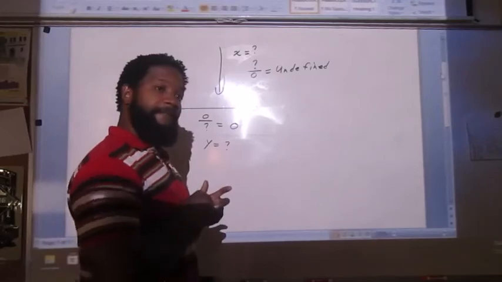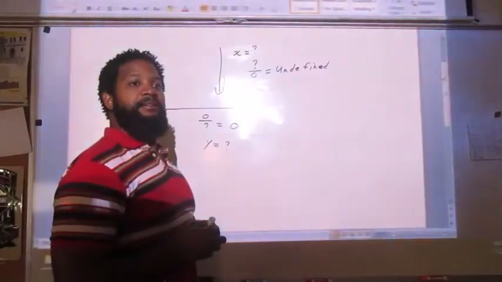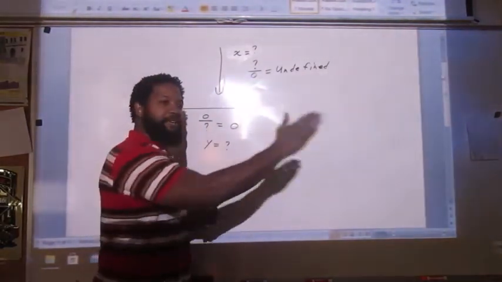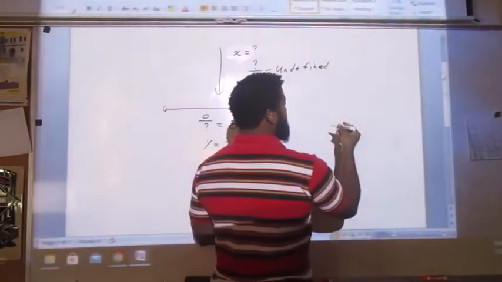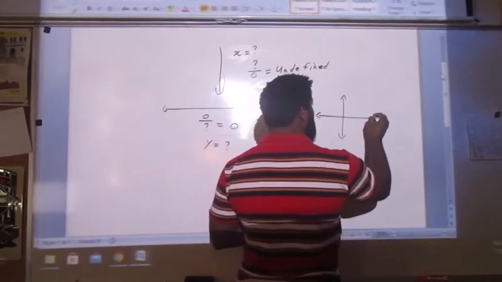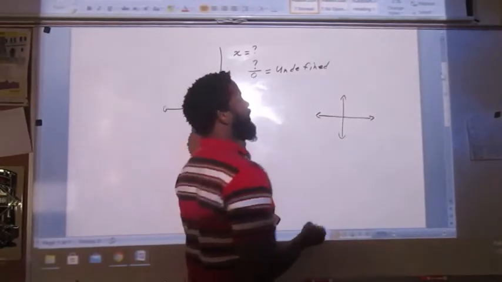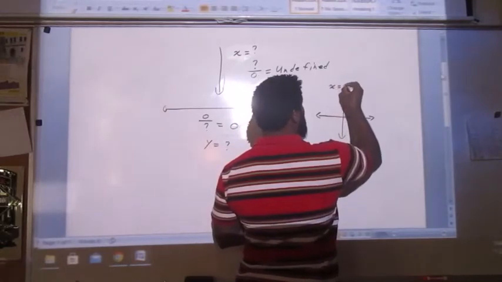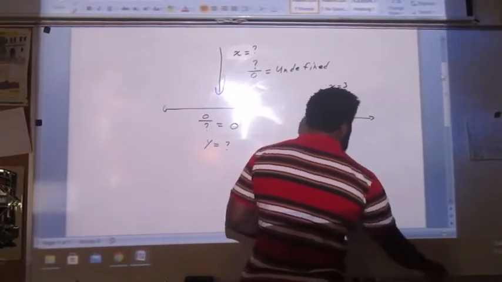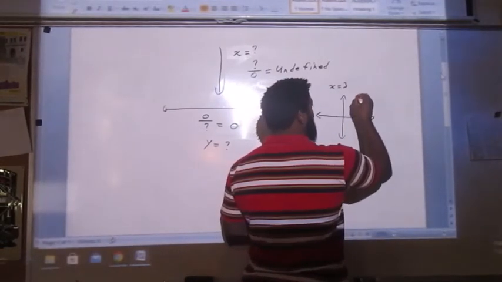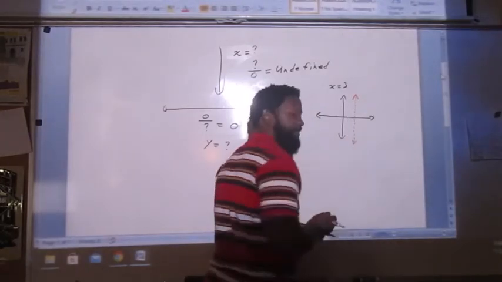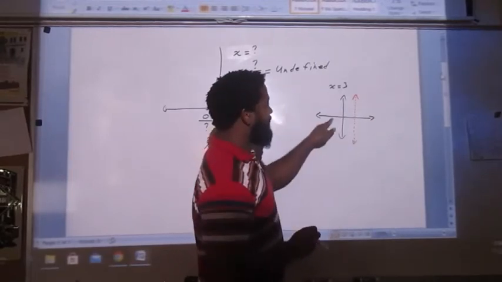Wait, so the x is the vertical? Mm-hmm. I used to always get confused about that. Here, I know because x is running left to right, right? So say you have x equal to 3. Then you have a vertical line going through the 3 on the x-axis.